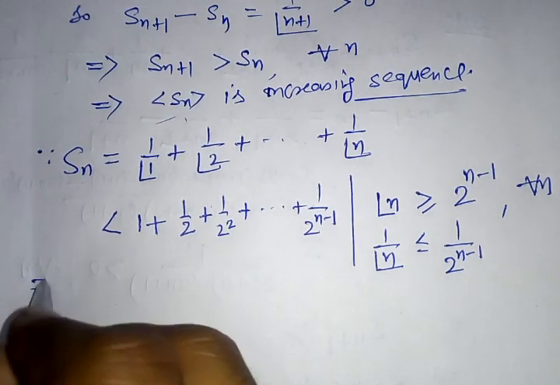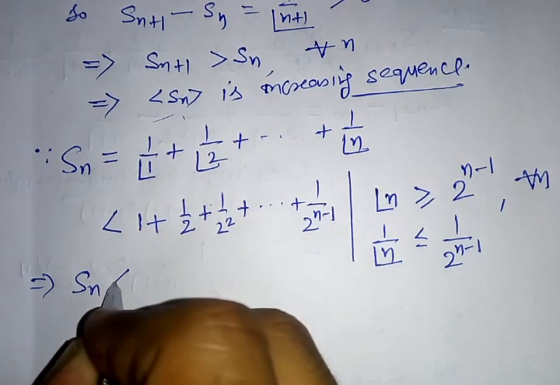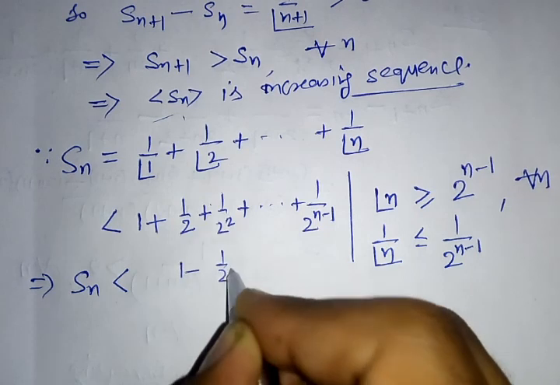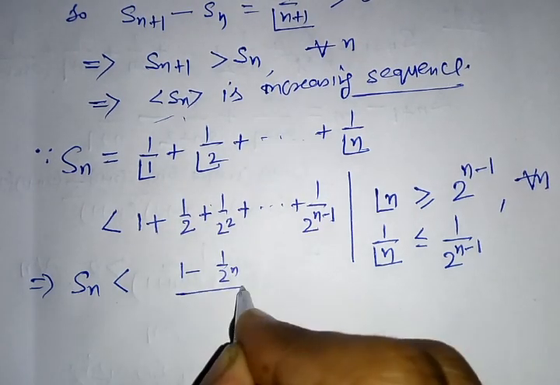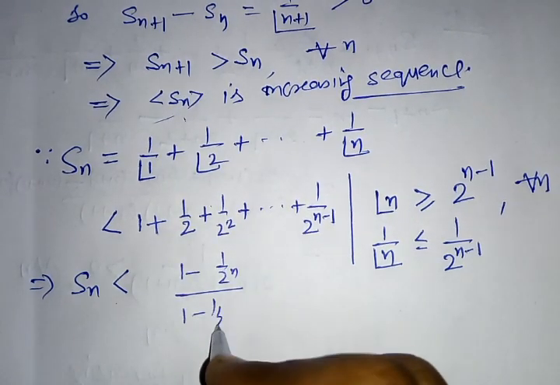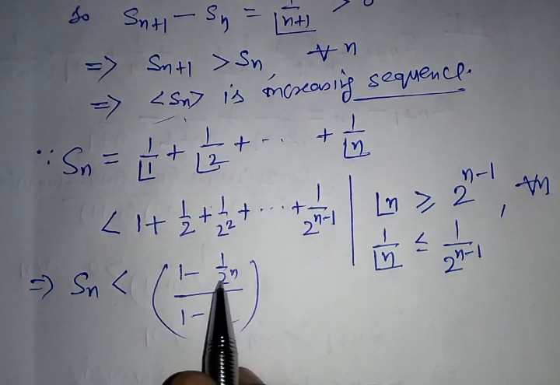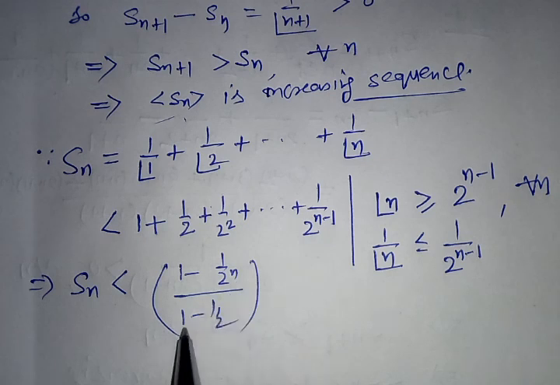So what we can write? Sn is less than 1 minus 1 by 2 power n upon 1 minus 1 by 2. Okay, so a times 1 minus r to the power n upon 1 minus r; we have used this formula.